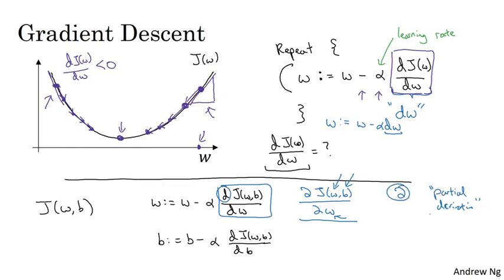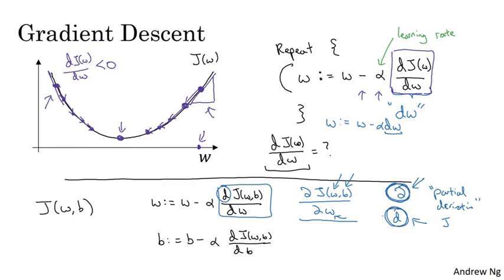And if J is a function of only one variable, then you use lowercase d. So the only difference between whether you use this funny partial derivative symbol or lowercase d as we did on top is whether J is a function of two or more variables, in which case you use the partial derivative symbol, or if J is only a function of one variable, then you use lowercase d.